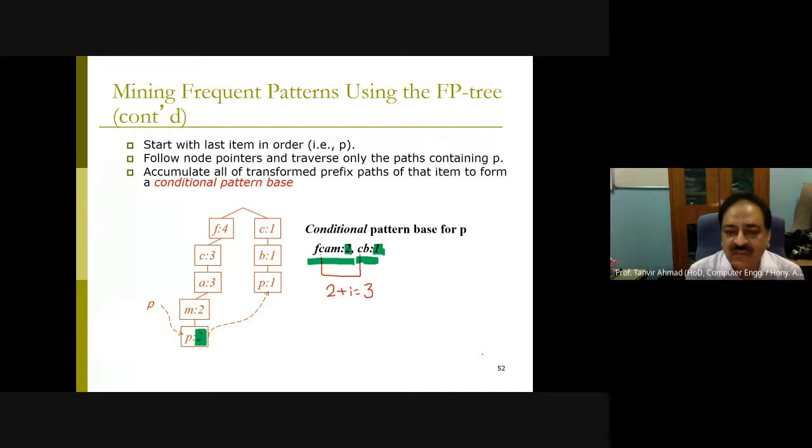That means CP भी आएगा, यहाँ से CP, यहाँ से CP, CP का 2 यहाँ 1, 3 हो गया CP का.